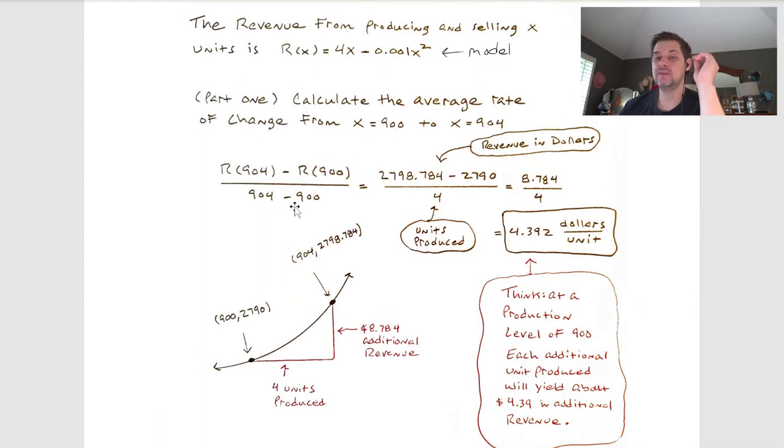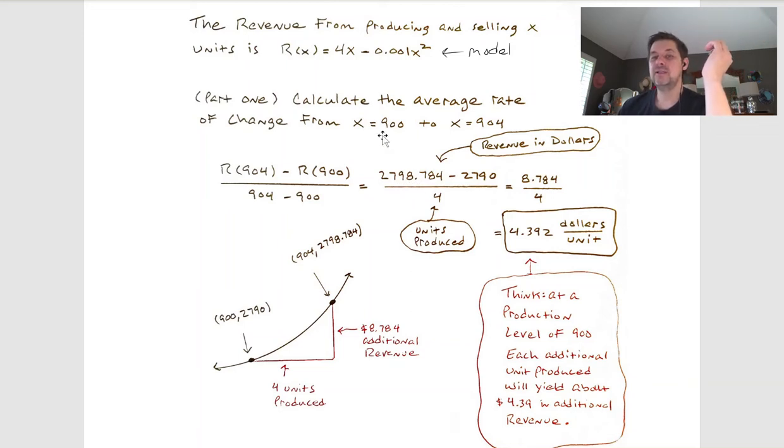So, the formula from the other videos for this average rate of change would be the R function at 904 minus the R function at 900 over 904 minus 900. That's the average rate of change formula. If you plug 904 into this revenue function, you'll get 2,798.784.